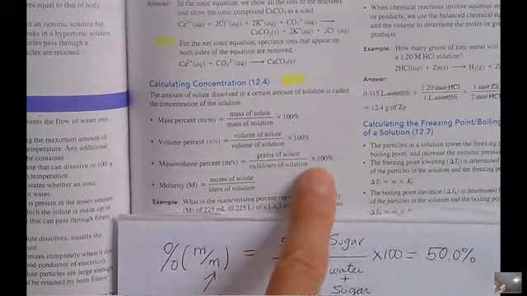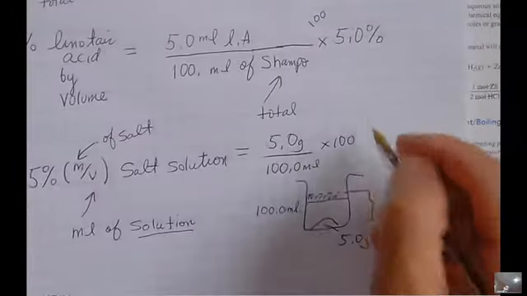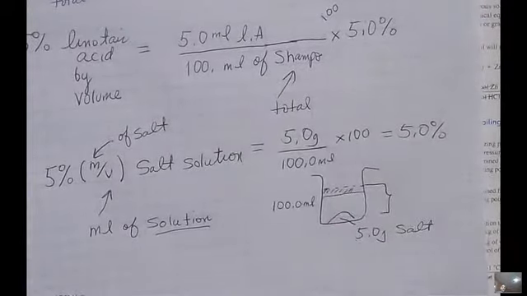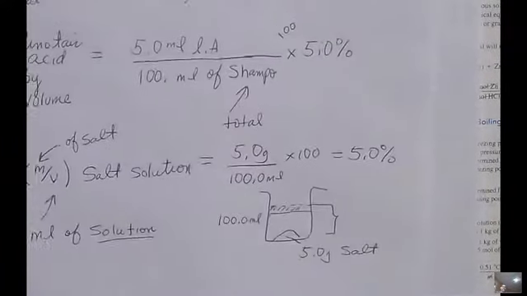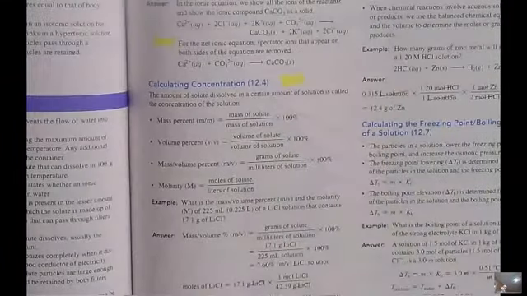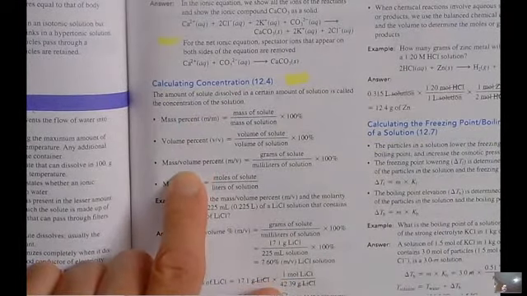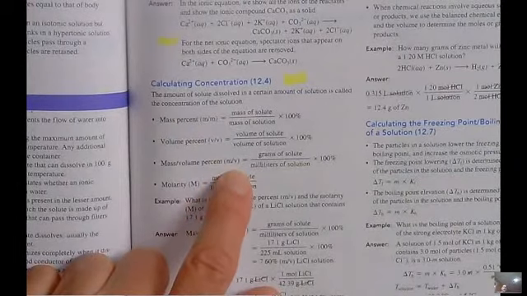That 100 comes right out of the formula. Give me 5%. Okay. And so those are all the 3 different ways we can express concentration. You can do mass percent, volume percent, or mass over volume, M over V.